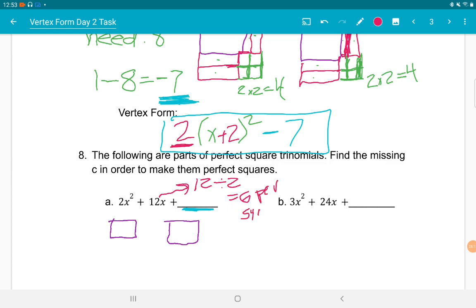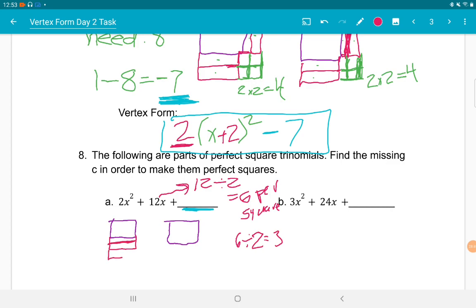So we're putting 6 x's on each square. But then I need to divide that between the 2 sides of each square. So I'll do 6 divided by 2 again, and I'm going to put 3 on each side of my square.